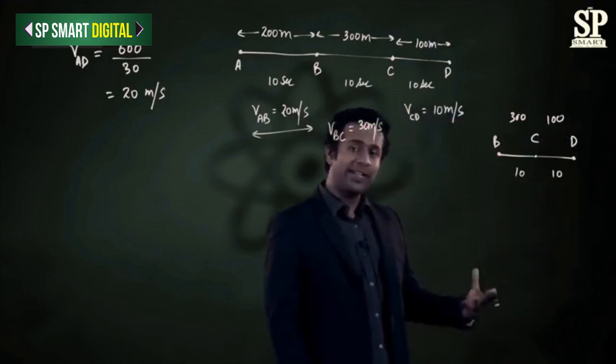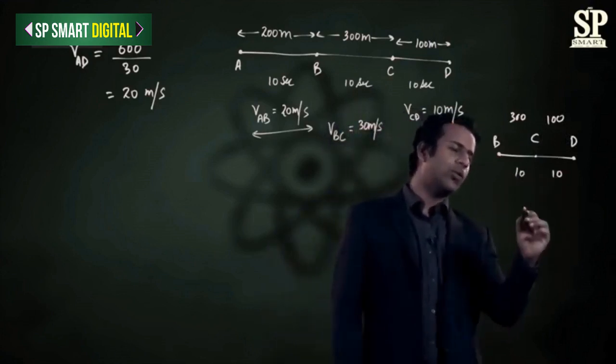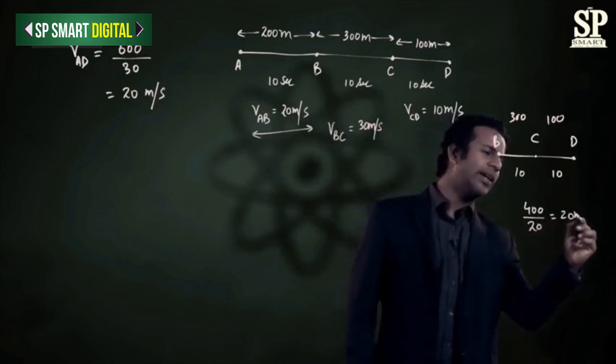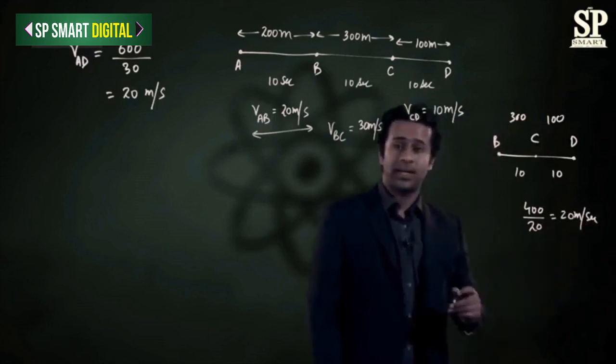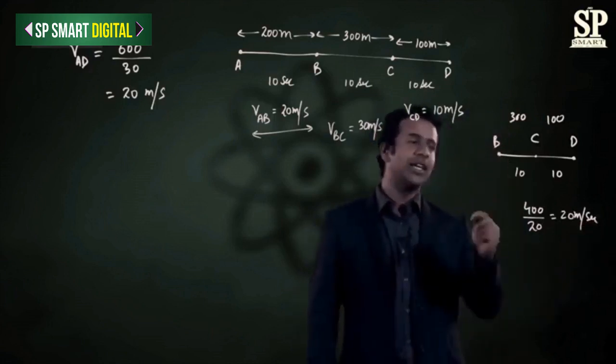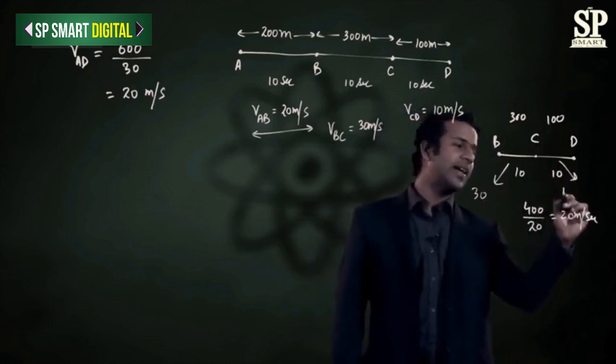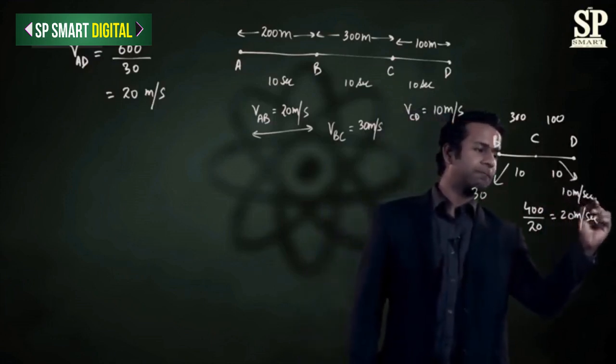So, if you find the speed for this interval, it would be 400 divided by 20, which is again 20 meter per second. But in the interval B to C, the speed is 30, and in C to D, the speed is 10 meter per second.